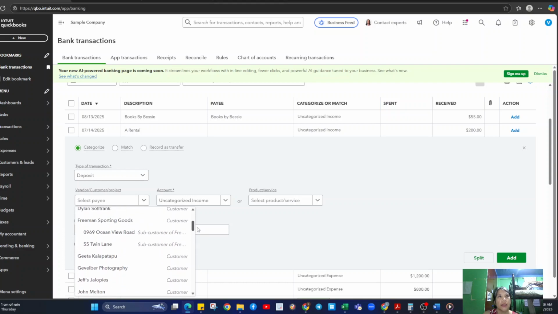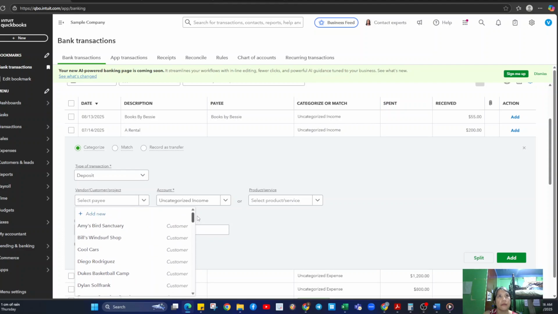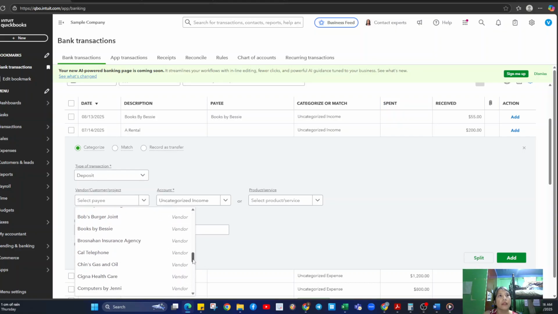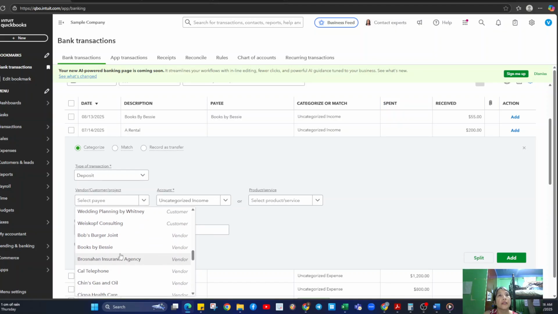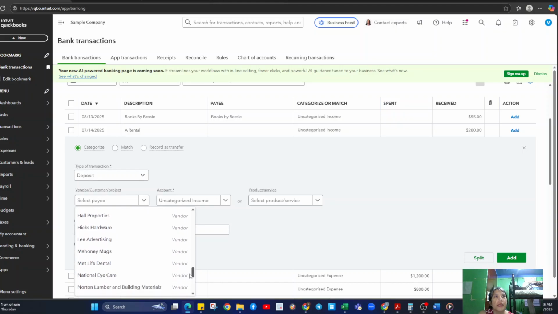All right, as you can see, for a customer, there's none. And here, let me see, a renter, there's none. See this one, Books by Bessie as a vendor. Something that has to be checked.